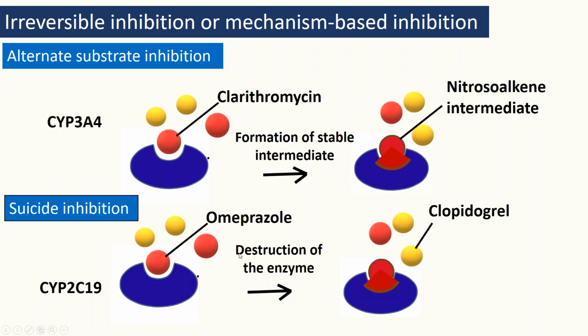If someone takes omeprazole and clopidogrel together, clopidogrel will not be metabolized because omeprazole is completely bound to the CYP2C19 active site, eventually leading to destruction of that enzyme. Now clopidogrel does not have any 2C19 for its metabolism, and that leads to the drug interaction.